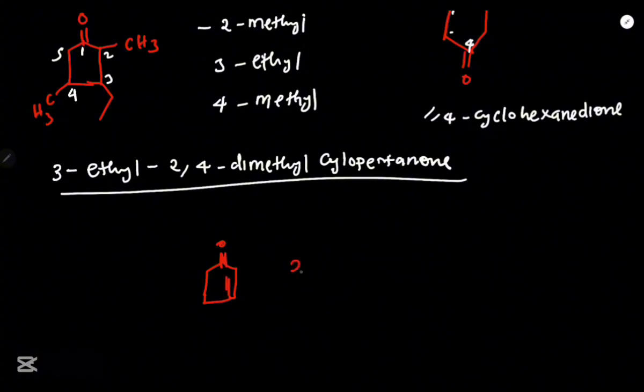So this is 2-cyclopentene. The position of the double bond is on 2, because this is carbon 1, carbon 2. That's why it's called 2-cyclopentene, because of the double bond. Then here you just put your one.